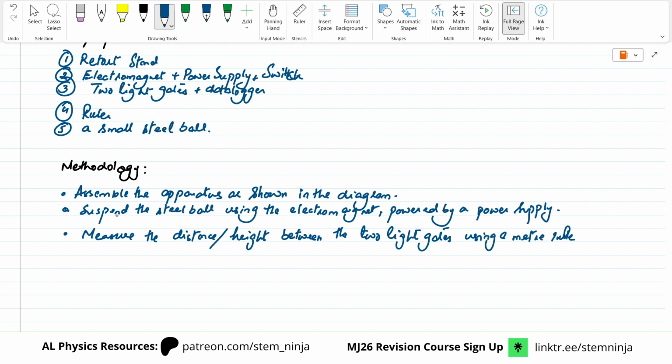The farther they are, the better, but otherwise that's not quite a big deal. And connect the light gates to the data logger.